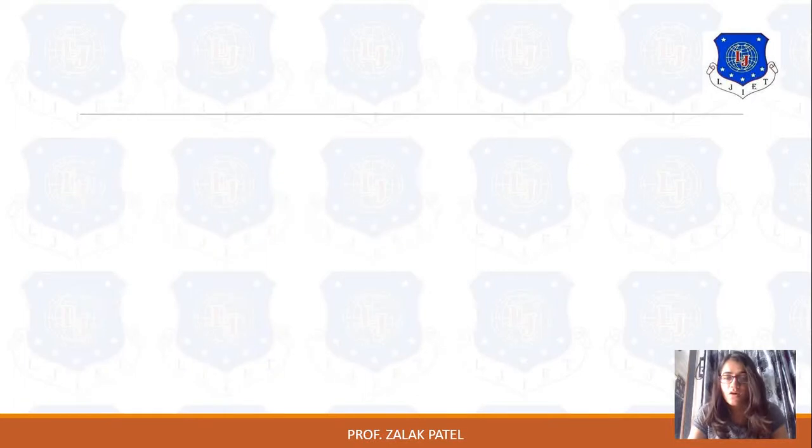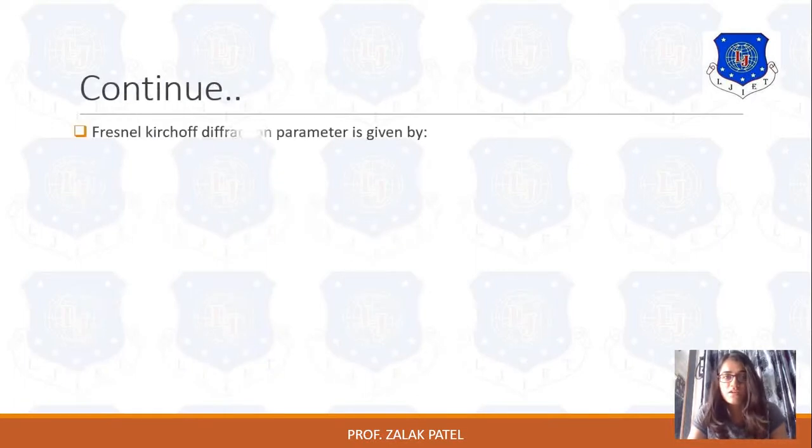Now we consider another factor, the Fresnel and Kirchhoff diffraction parameter. We will also consider different Fresnel zones for wireless communication in the next lecture, how they can be defined and how the distance will be taken from the transmitter to different obstacles.